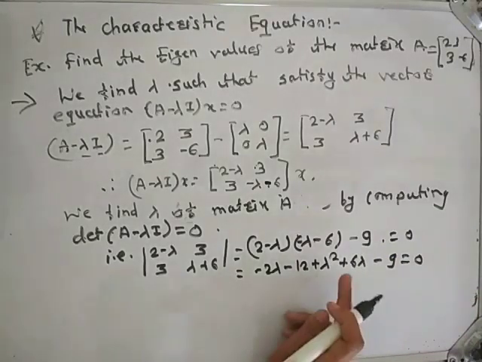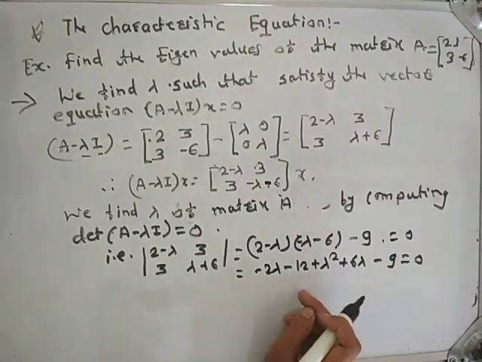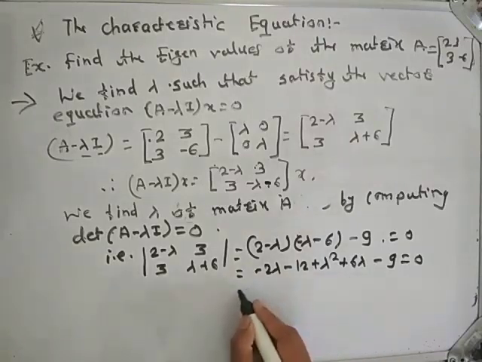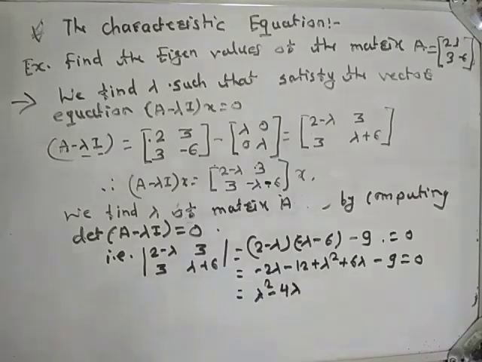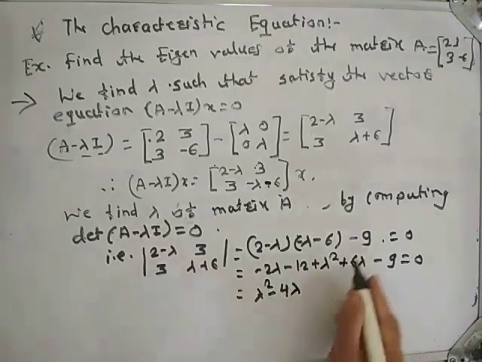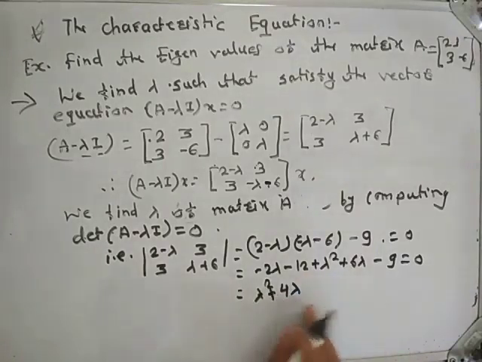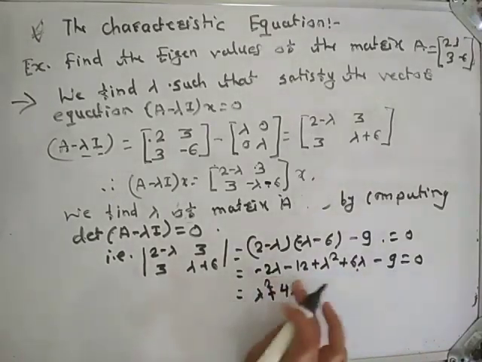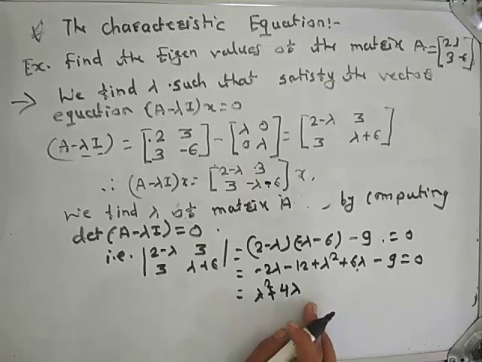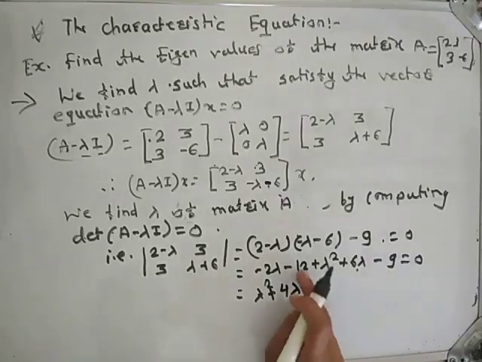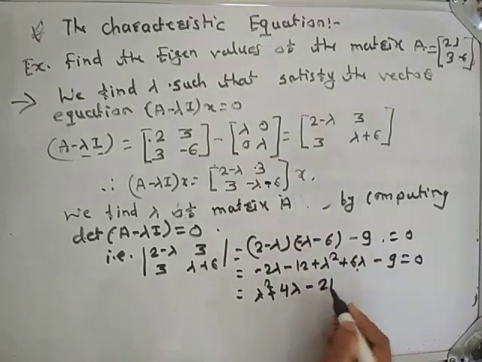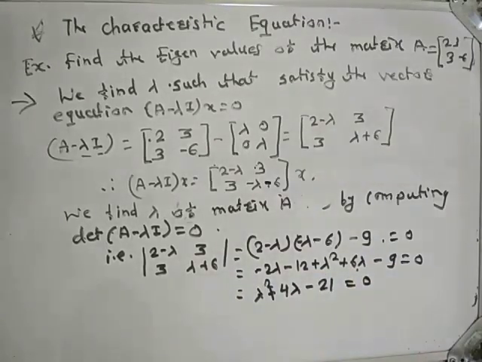Which equals lambda square + 4 lambda - 21 = 0.